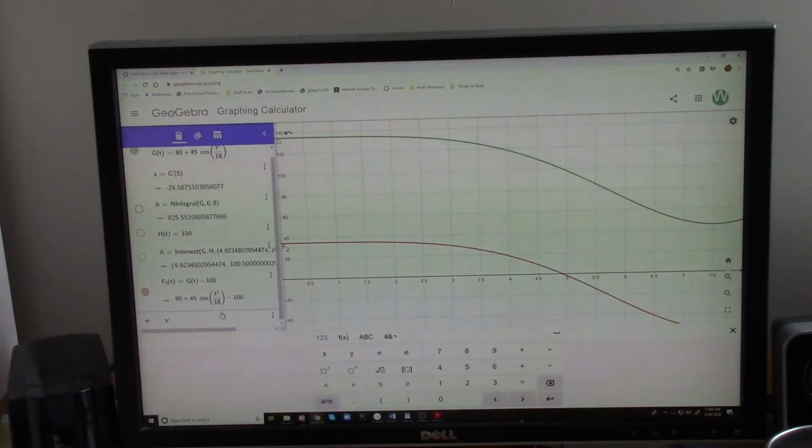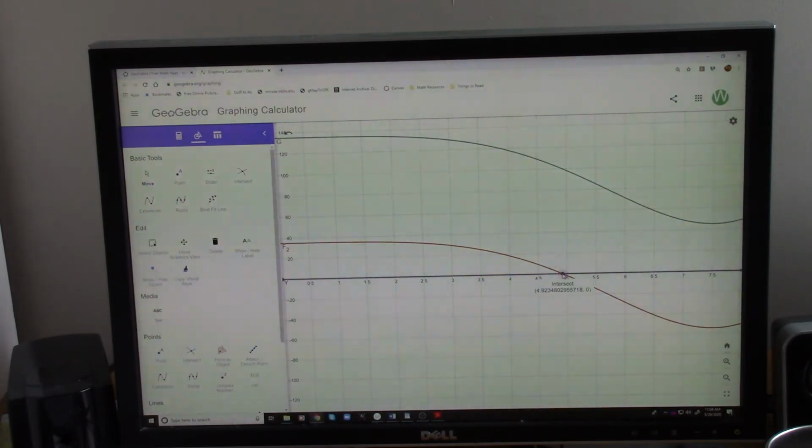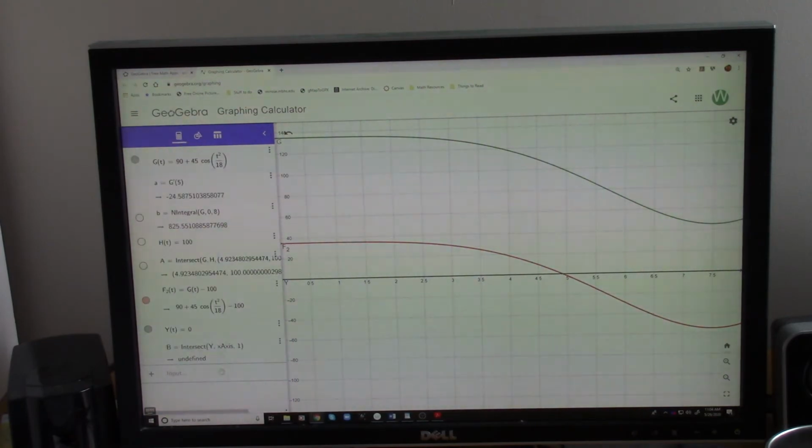Okay, y of t equals 0, and now I want to find the intersection between these two curves, and I think it just did it for me already, but I'll go back here and I'll just click intersect, boom. Or maybe I need to actually do this. Okay, and so I get the intersection.